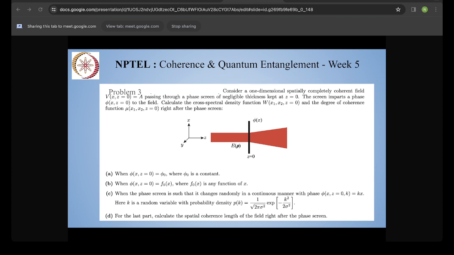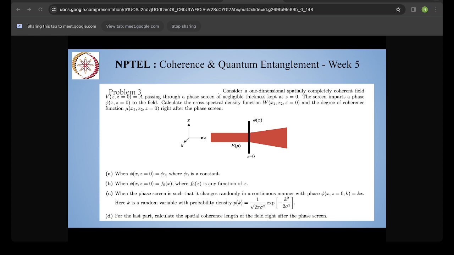So in this case, right after the phase screen, we have V(x, z equal to 0) equal to A e to the power i phi 0.